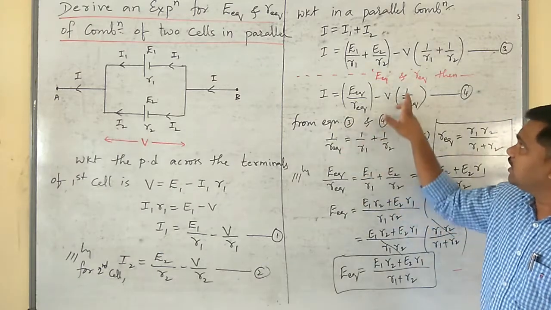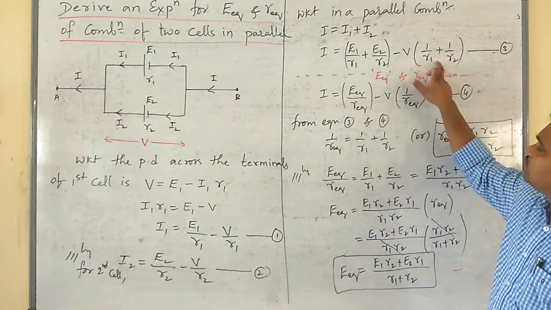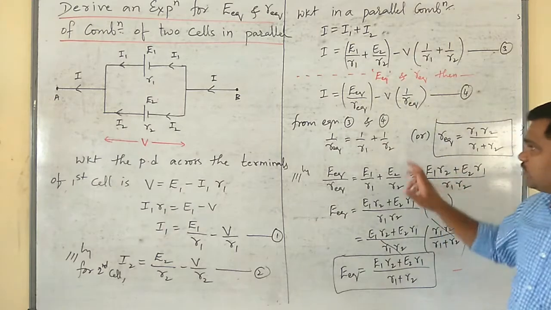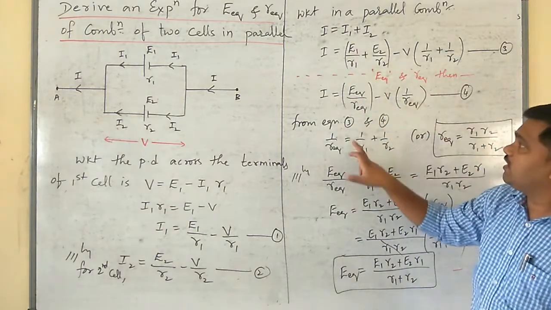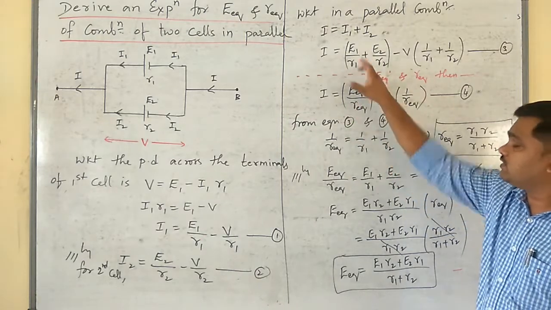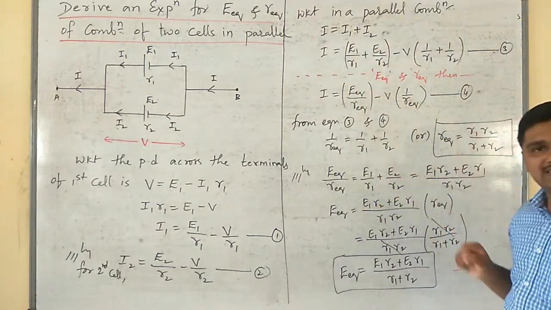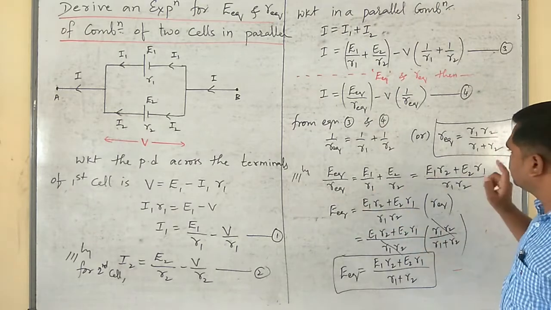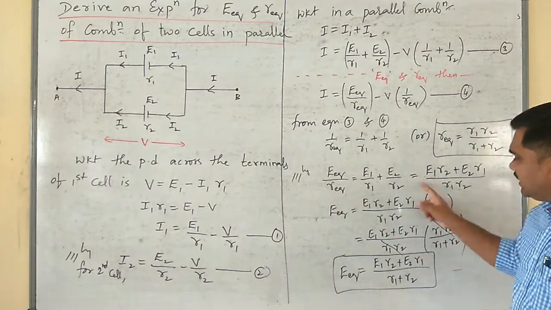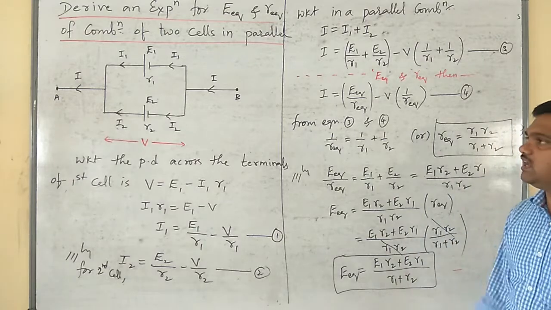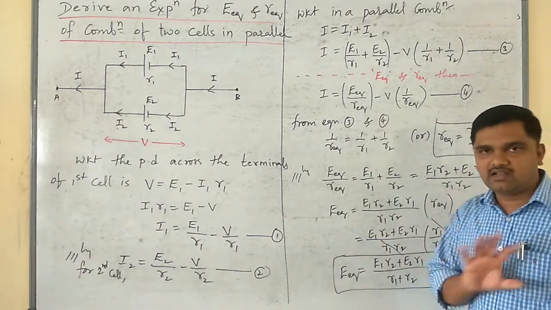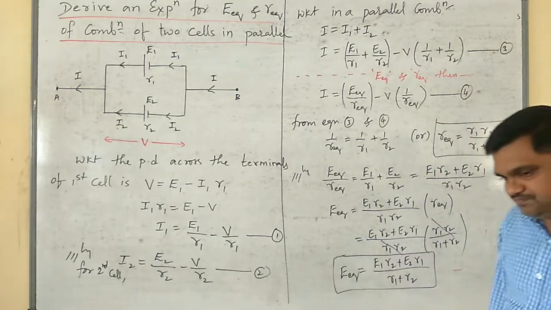In place of 1 by r equivalent, we have 1 by r1 plus 1 by r2. On solving this, we get this. Next, in place of E equivalent by r equivalent, we have E1 by r1 plus E2 by r2. Next, you substitute the value of r equivalent here, and finally you get this equation. Okay? For this, you will get complete 5 marks.